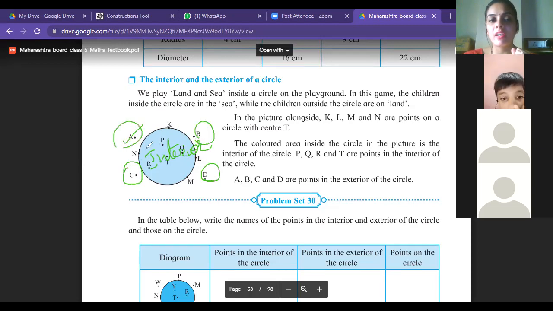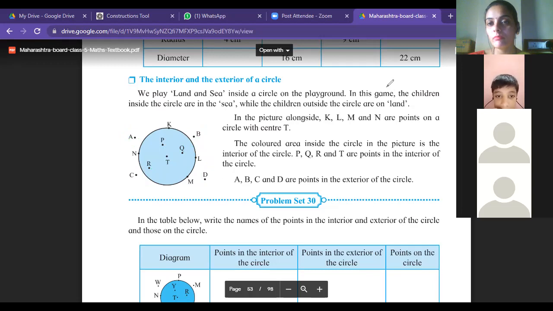These are C, A, B, D. So they are exterior points, and the inside ones are interior points. Clear? Ali, is it clear what is interior, what is exterior? Yes. And which are on the circle, right, Ali?